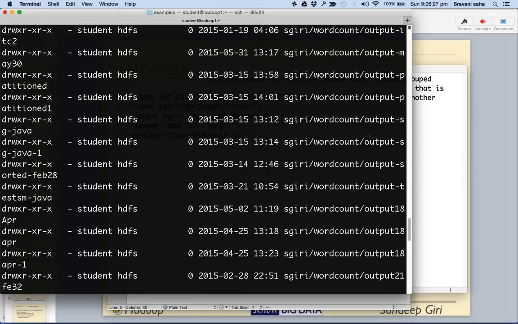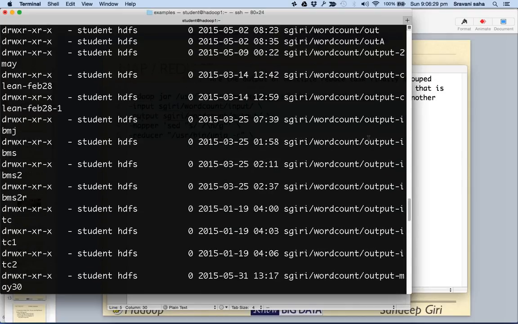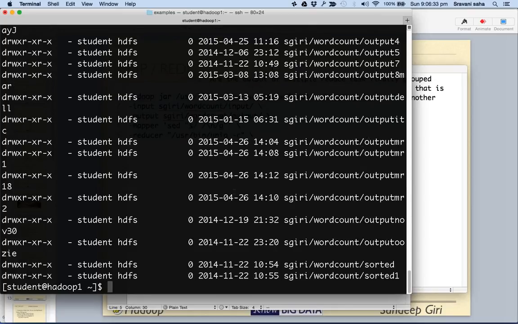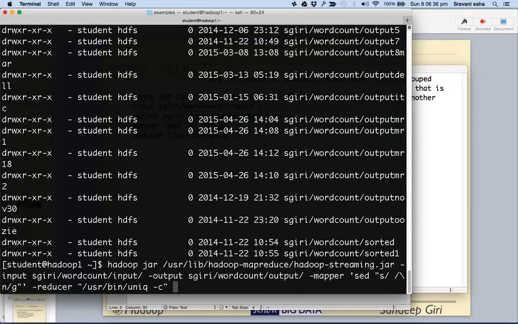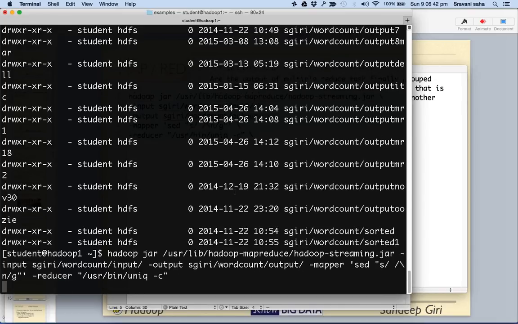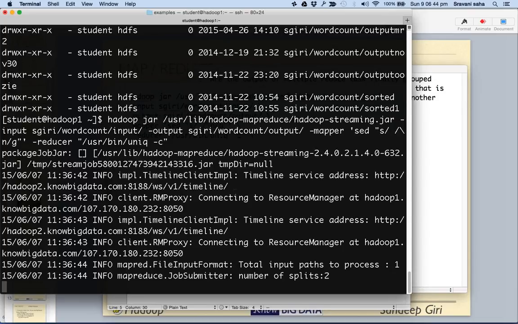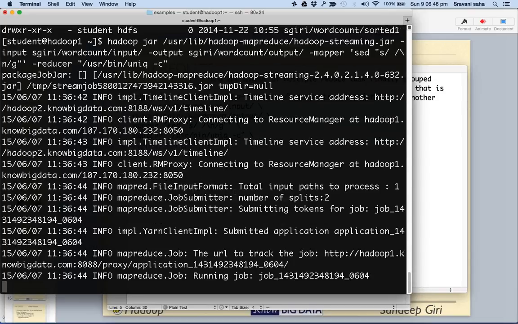But if you see, it's not there. Yeah, it's deleted. Good. Now let me try to run it again. We are saying ascii word count and then we're putting data in there. Yeah, this time it's running. For some reason it did not run earlier.